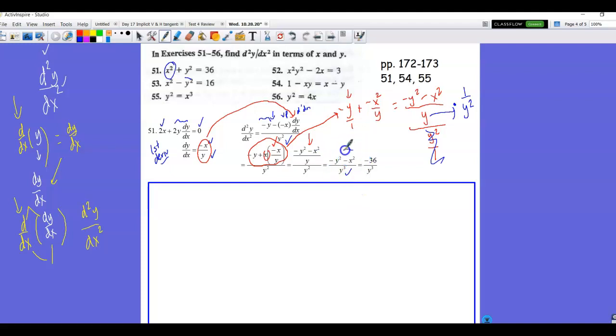Now, this is not really something I would take points off for, but it's something that pops up periodically. Maybe if it were on a multiple choice test, you'd have to figure it out. So negative y squared minus x squared, if I factor out the negative, is the same thing as y squared plus x squared. And if we go back to the original problem, x squared plus y squared is equal to 36.